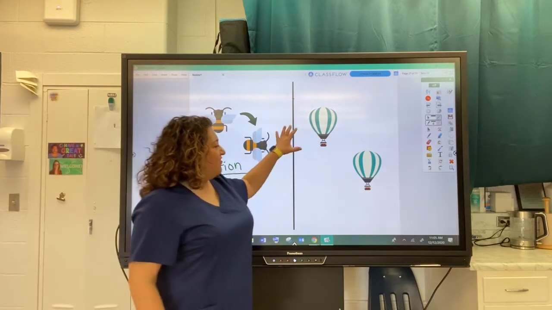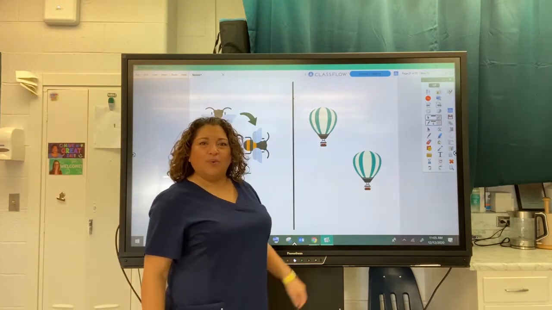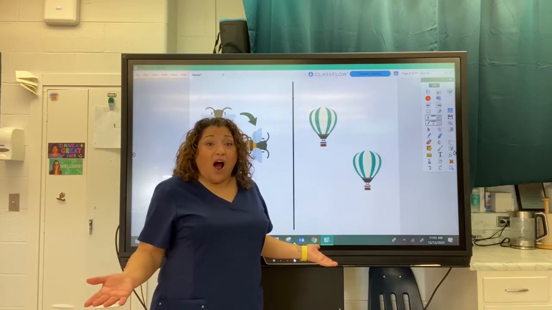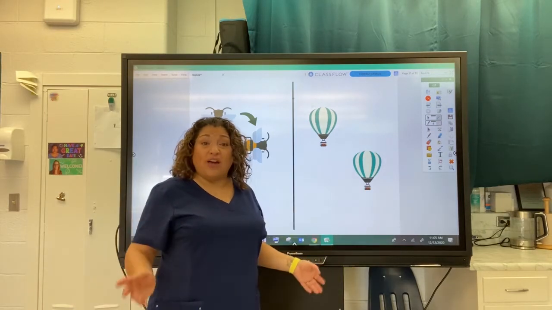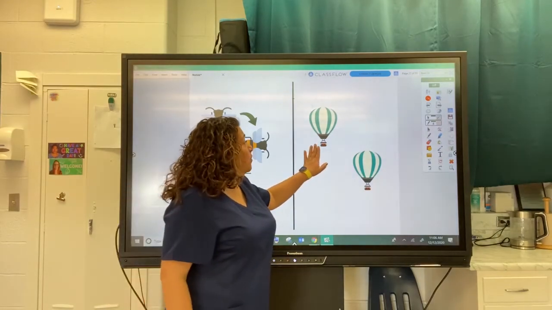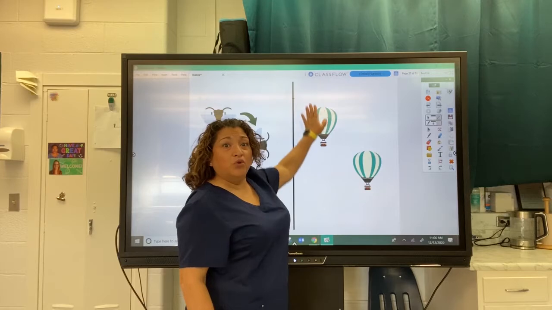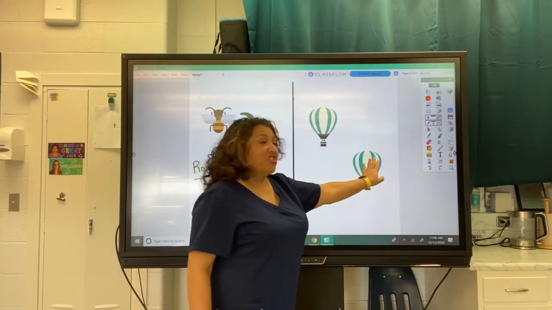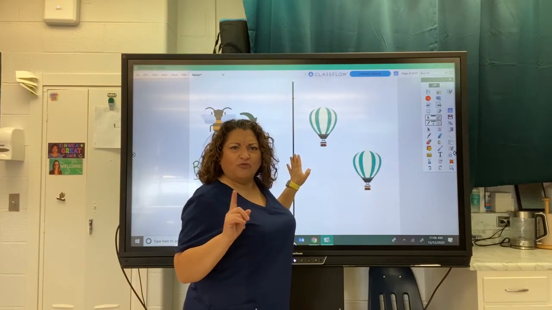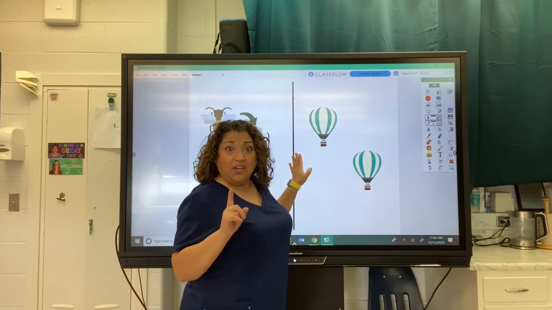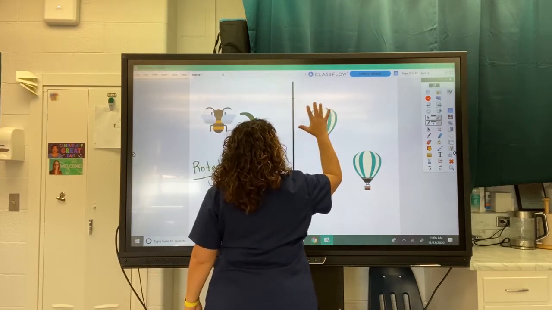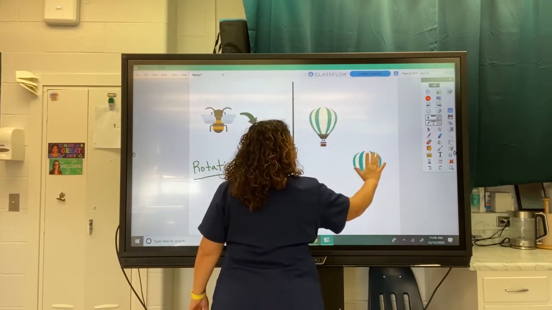Now, let's look at this very cool hot air balloon. Have any of you ever watched any shows or videos about hot air balloons? Hopefully you've only watched the videos where the hot air balloons move up, move down, or move to the side. We sure don't want to see them doing any rotating or flipping. That would not be a good thing. So if I look, I'm thinking, how would this pre-image become this image?